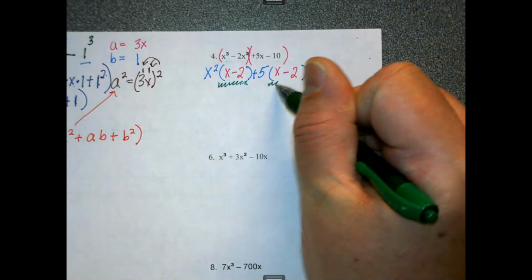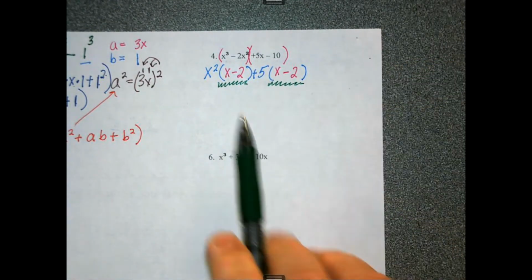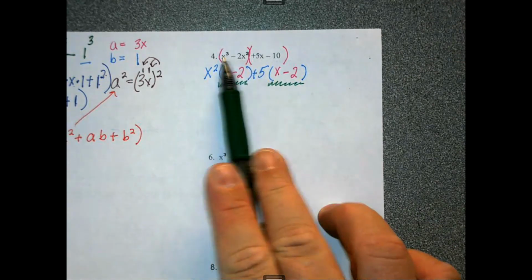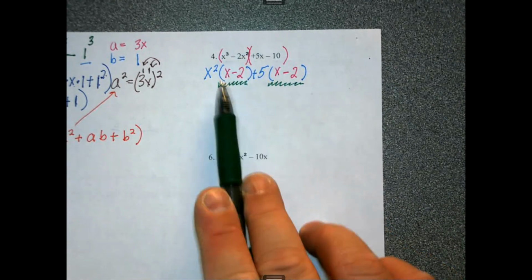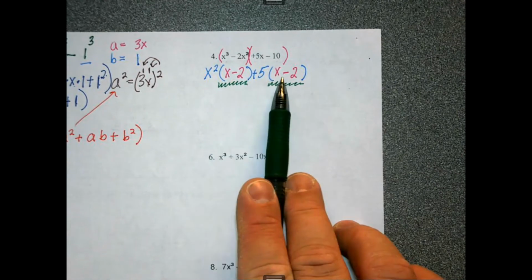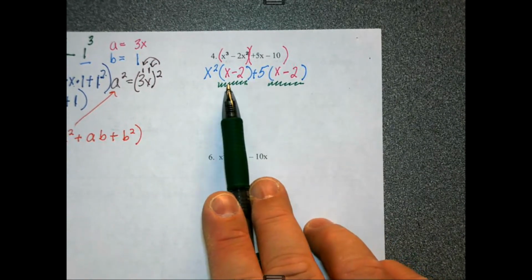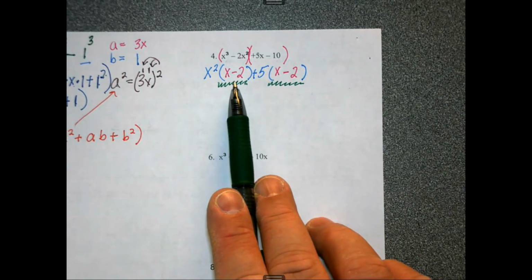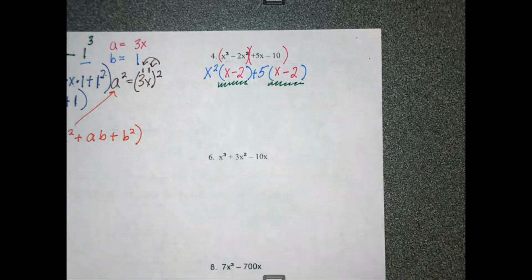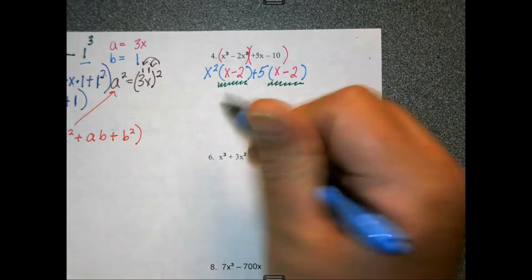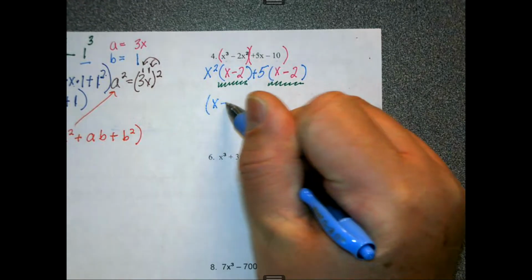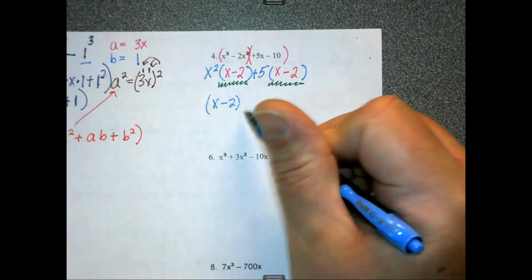So think of this as 2 terms, just like one of these is 2 terms. Now I have 2 terms here. What could I take out of these 2 terms? X minus 2. Here's the little trick.